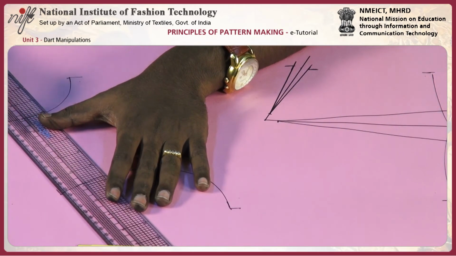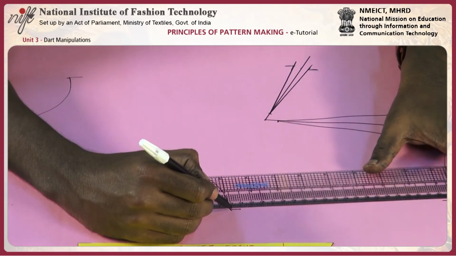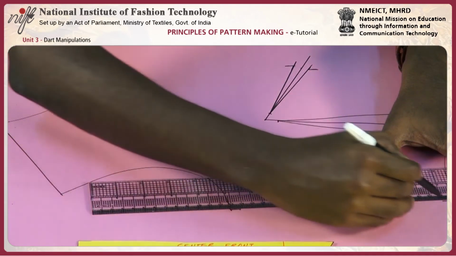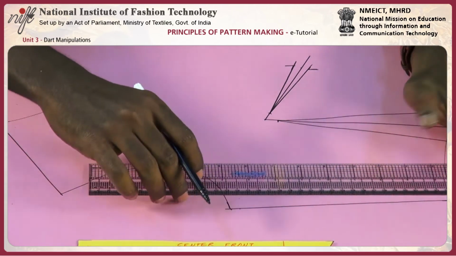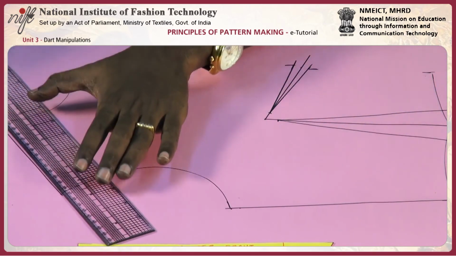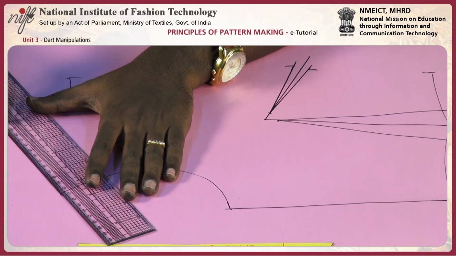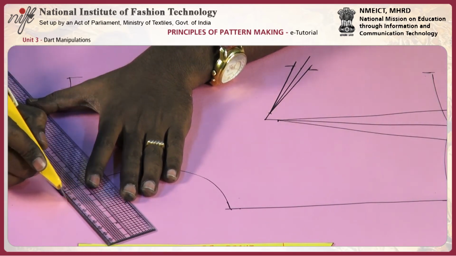Draw the shoulder line. Draw the side seam. Since we have a dot at the center front and waist, don't cut it exactly, leave 1 inch extra. Cut the shoulder line.